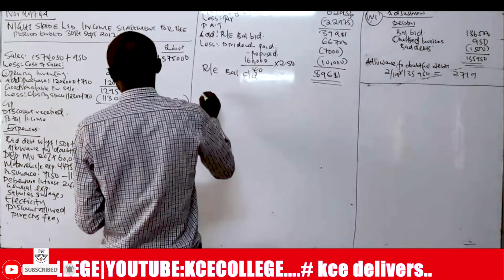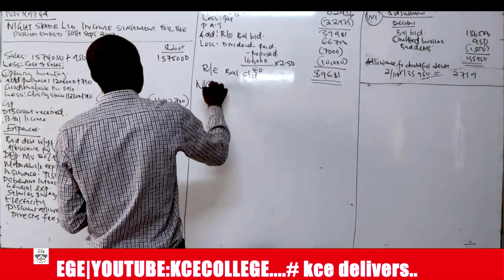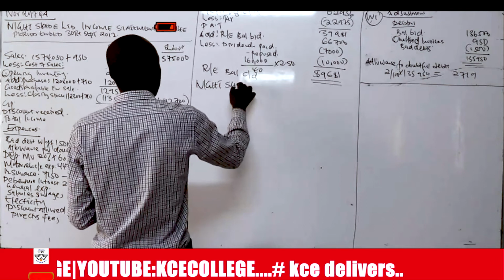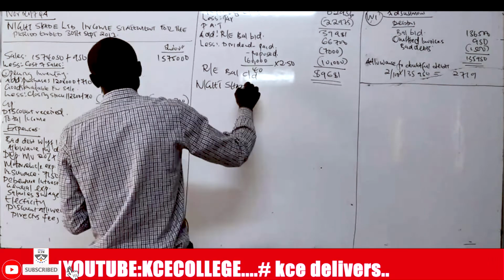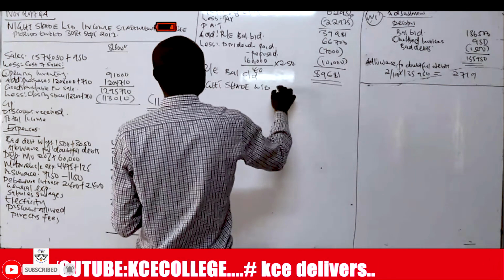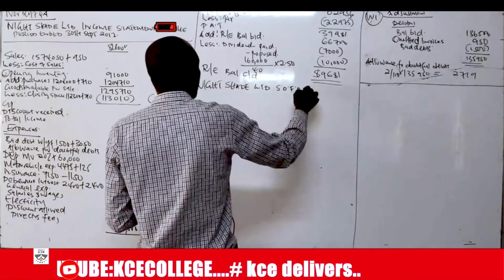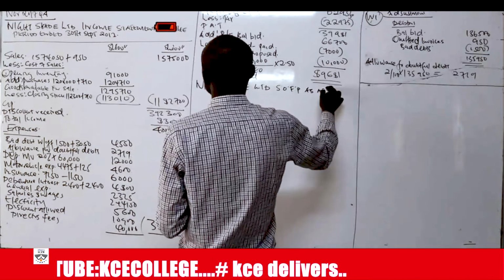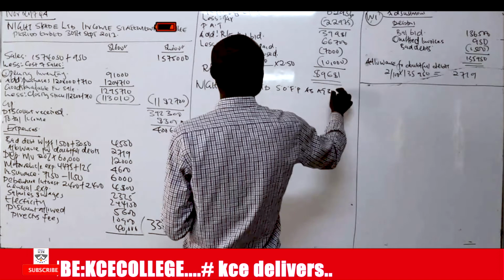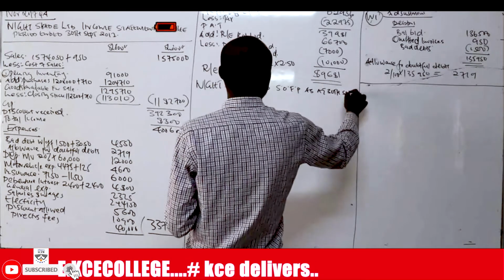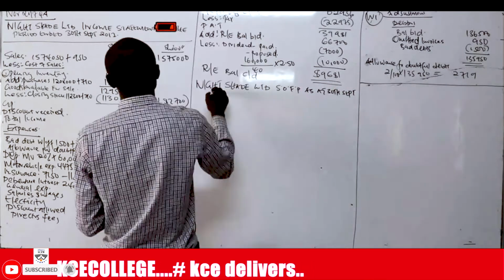And then you write Nightshade Limited, Statement of financial position as at 30th September 2017.